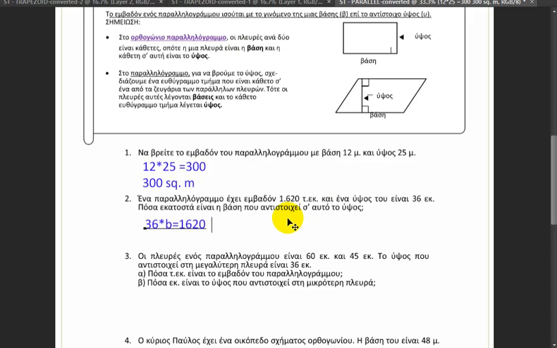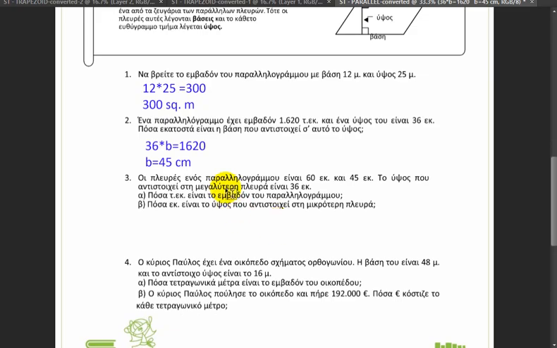To find b, I need to divide both sides by 36. So what I'm going to get is that b is equal to 1,620 divided by 36. And you can do that vertically. And what you would get is 45. So b is equal to 45 centimeters.